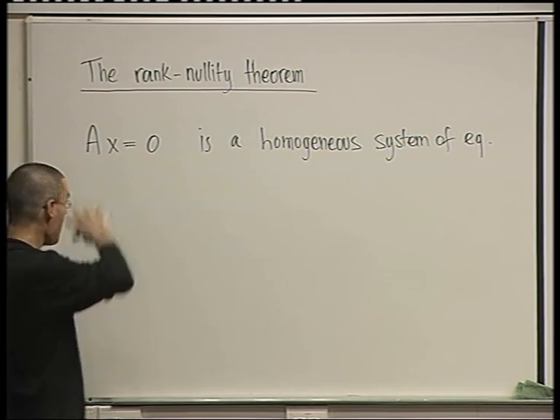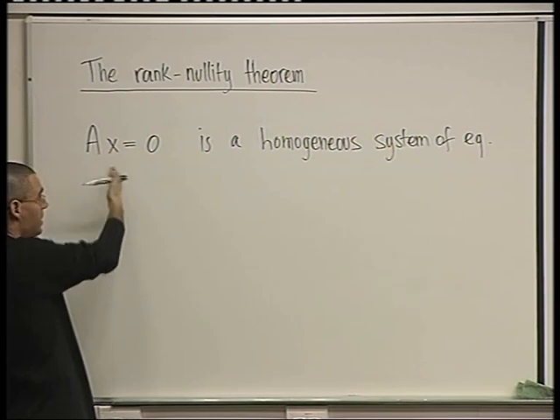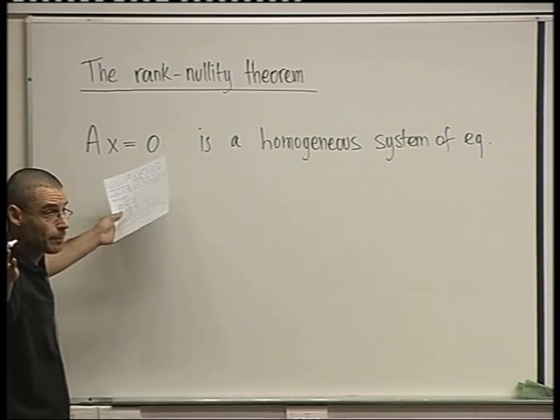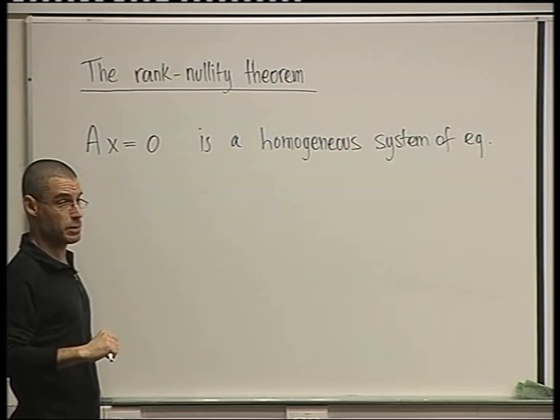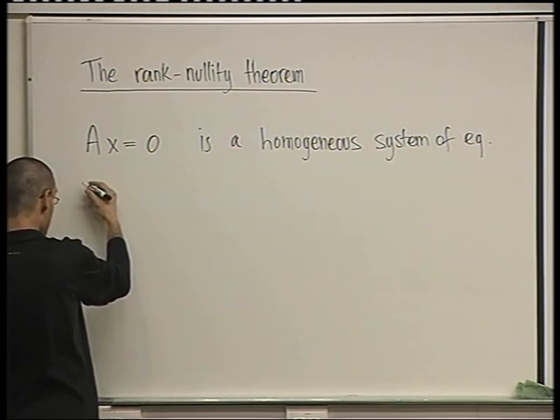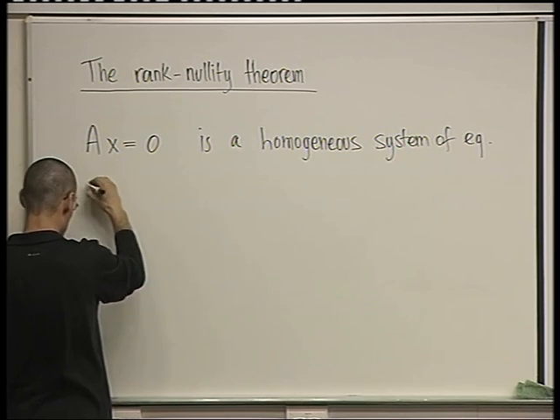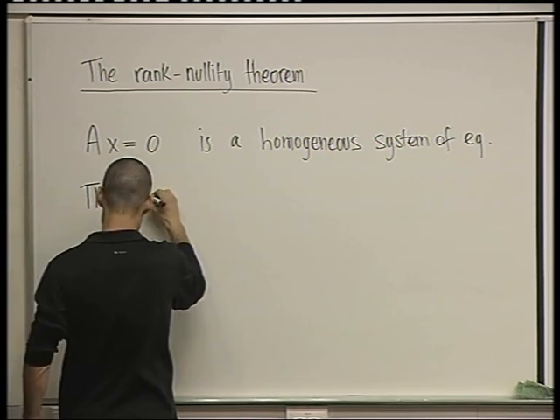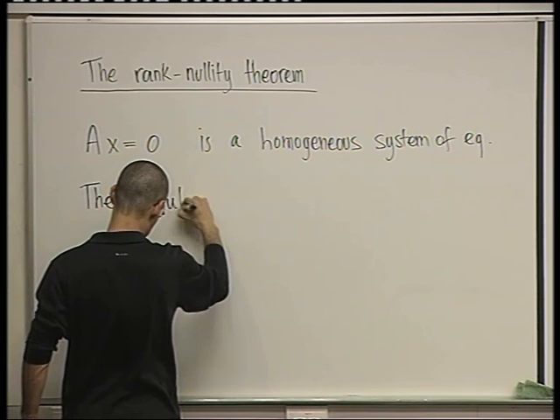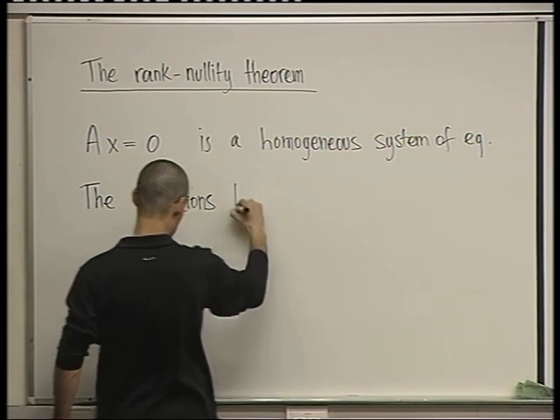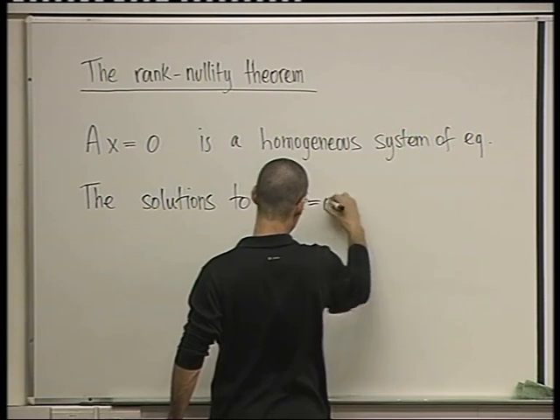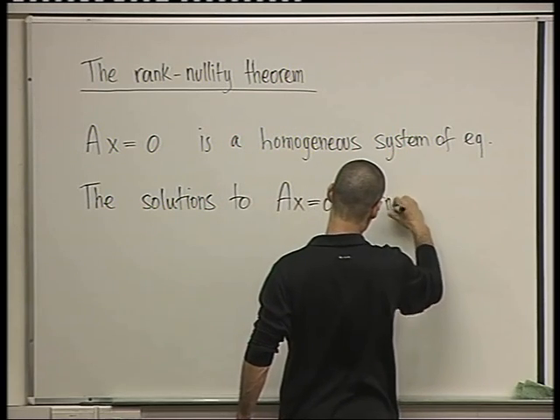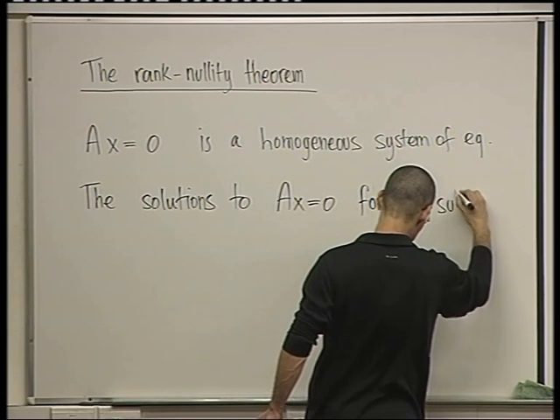So the set of solutions, which is a subset of vectors, satisfies the three criteria that suffice for it to be a subspace. So let's write that. As we have mentioned before, the solutions to AX equals 0 form a subspace.